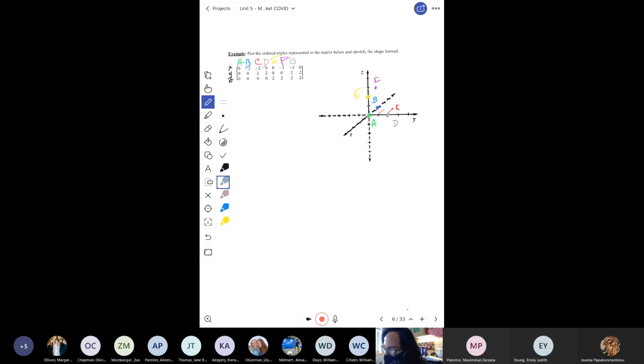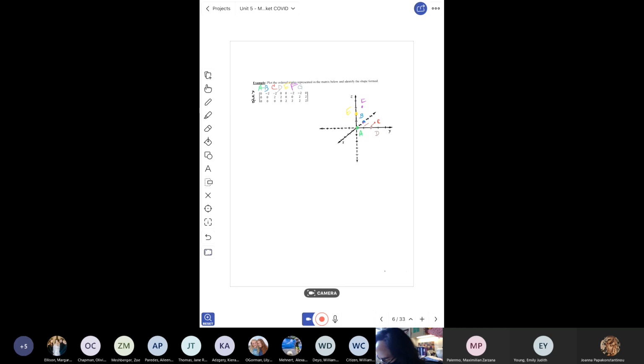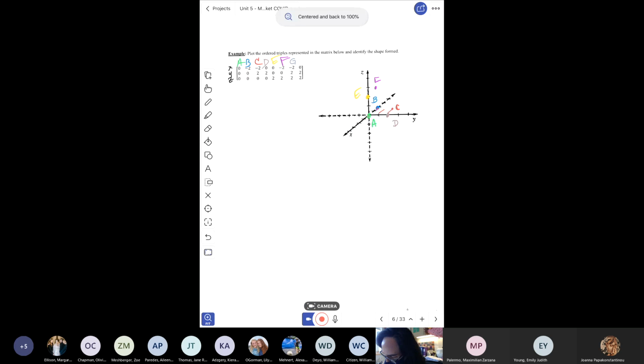Yes. Okay. So I have a matrix, and each column represents a point in 3 space. So this is an ordered triple. So I plotted it here. This is an ordered triple. I plotted it here. So I'm saying each column represents a point.